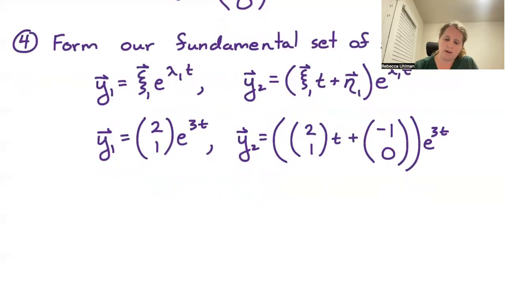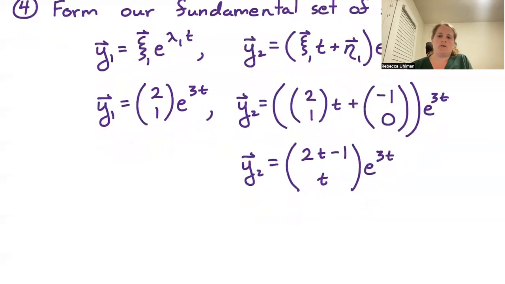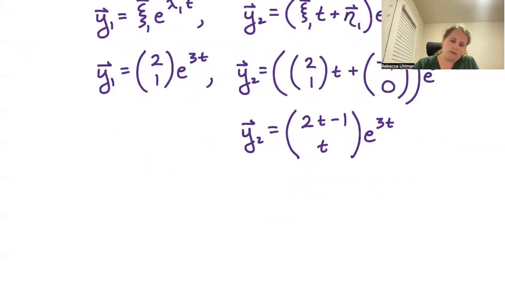We often see y2 written combining two vectors. So performing the vector addition, we would have 2t minus 1 for the first position, and then t for the second position, all multiplying e to the 3t. So our fundamental set we have found, and then finally the general solution.